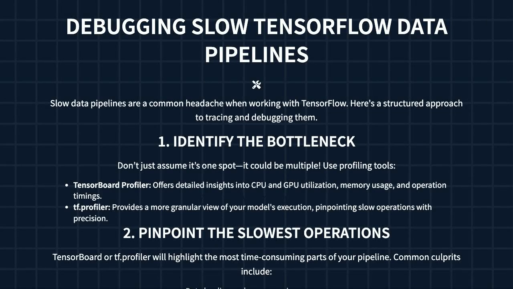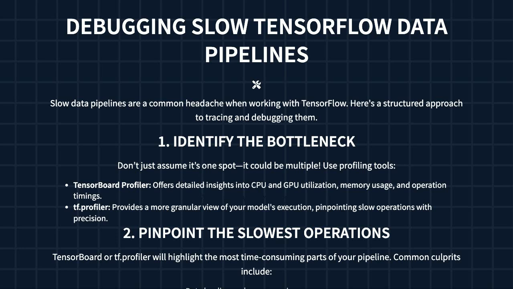Okay, let's talk about debugging slow TensorFlow data pipelines, a really common challenge. The first step is always to figure out where the slowdown is actually happening. Don't just guess, use tools like TensorBoard and TF Profiler. These give you incredibly detailed information on everything from CPU and GPU usage to exactly which operations are taking the longest.